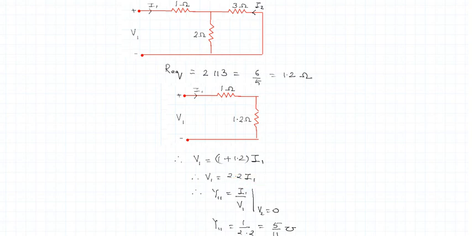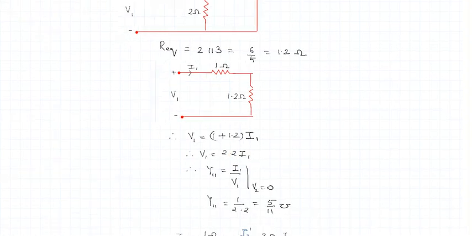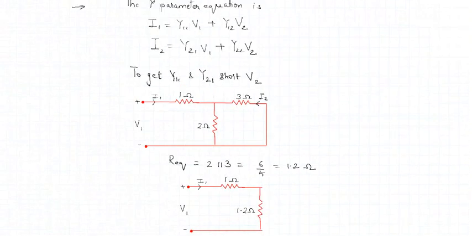So therefore, now I can calculate Y11. Y11, as we see, is the ratio of I1 by V1. If you look at the Y11 equation, Y11 is the ratio of I1 by V1 with the condition that V2 is 0. So we have already made V2 0.